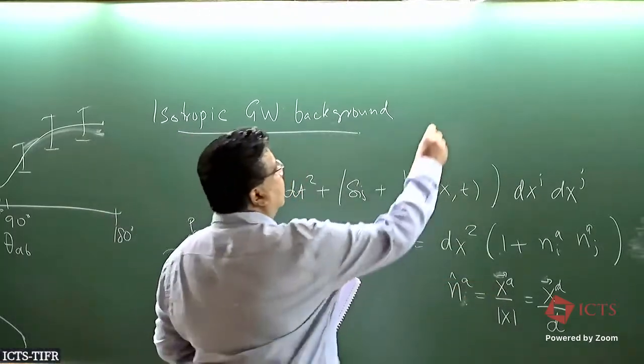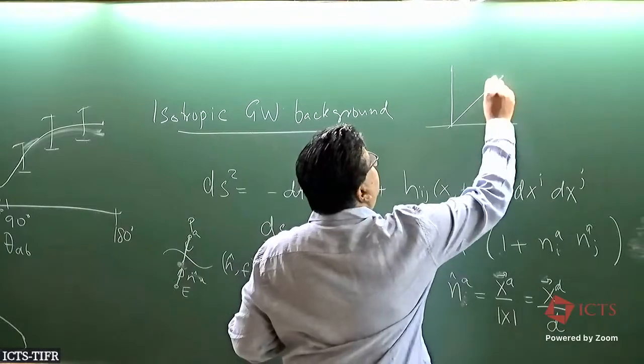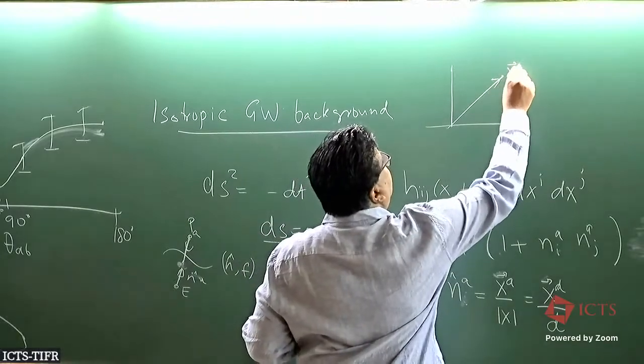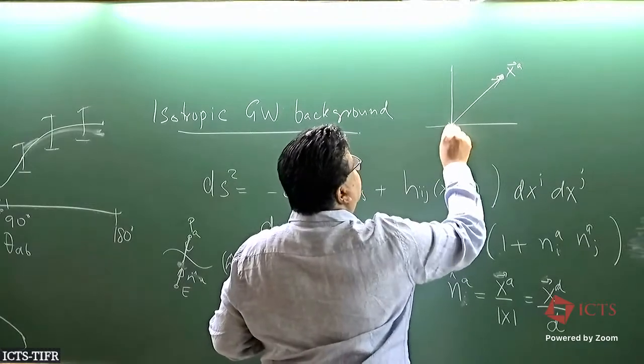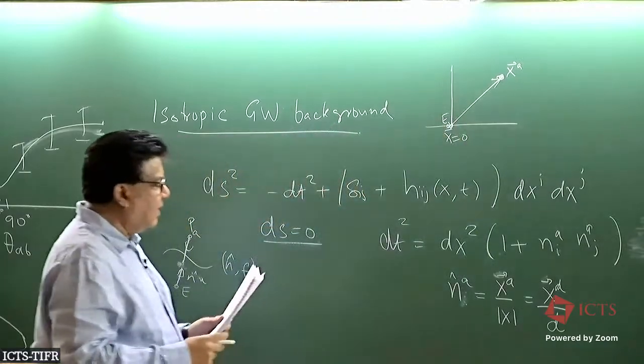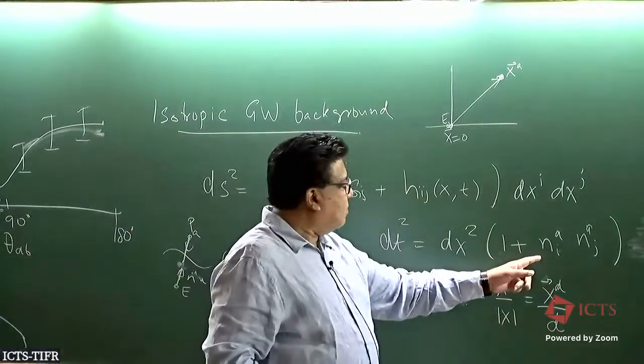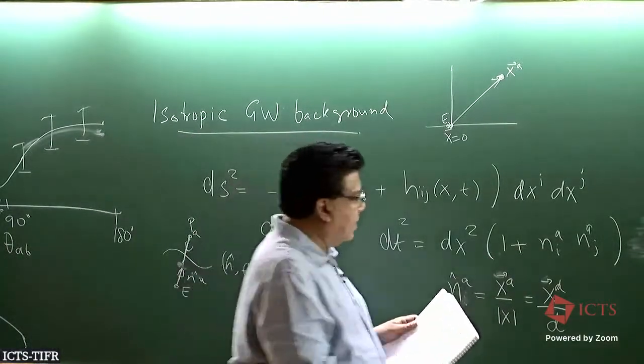So I will take the Earth to be 0. This is the pulsar, and x is equal to 0 here at the observation. And the ij component, I will, oh, what did I do here? Sorry.